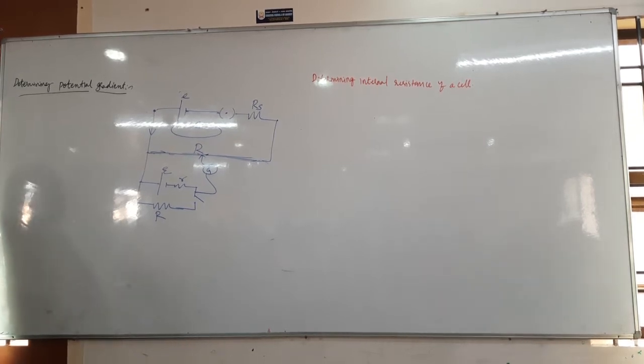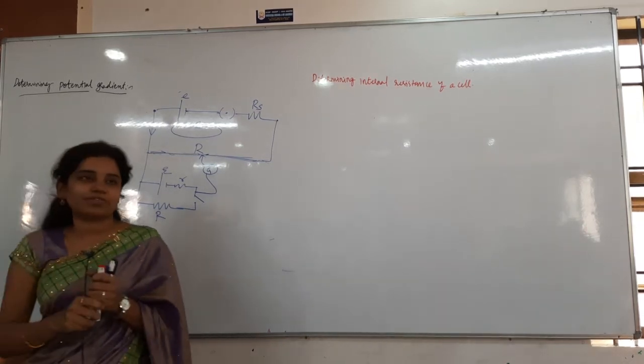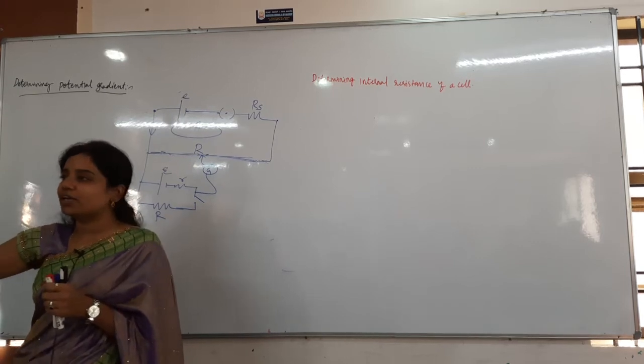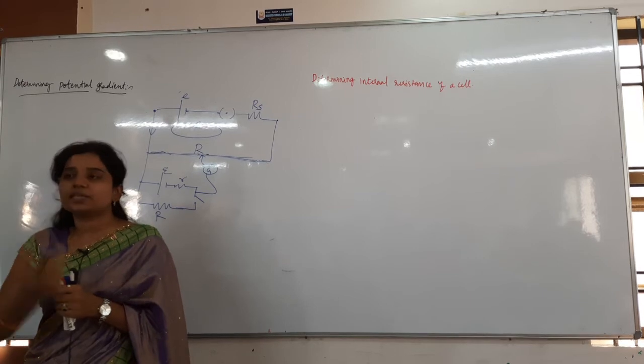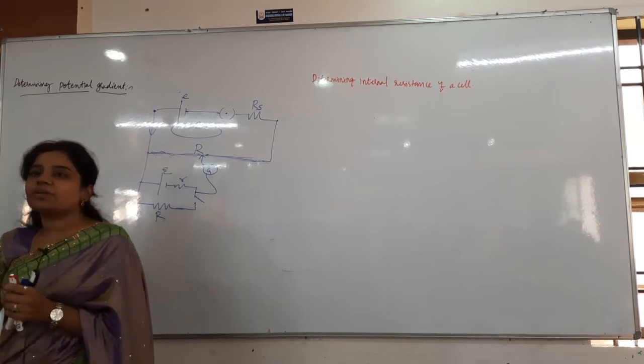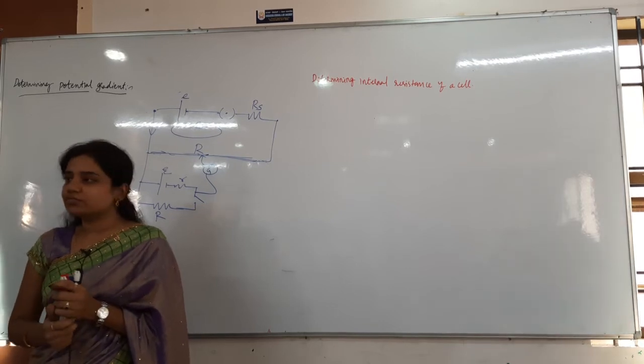The potential drawn without any external resistance. Correct? Without any external equipment, if we find the potential, that potential is EMF. I said that if you measure the voltage only across the battery, at that time it will be EMF. Whenever you are measuring by connecting a resistance, at that time it will be voltage. You understand or not?